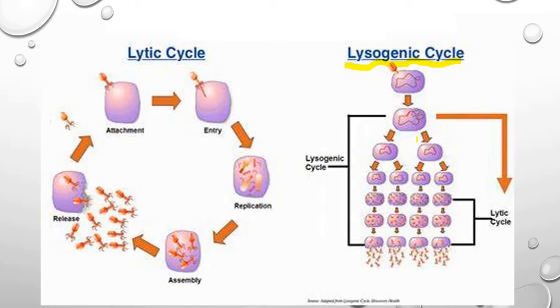Then, like we said, when a drop in immunity occurs, the virus or the genetic material will be activated and it will enter the lytic cycle and the disease will appear.